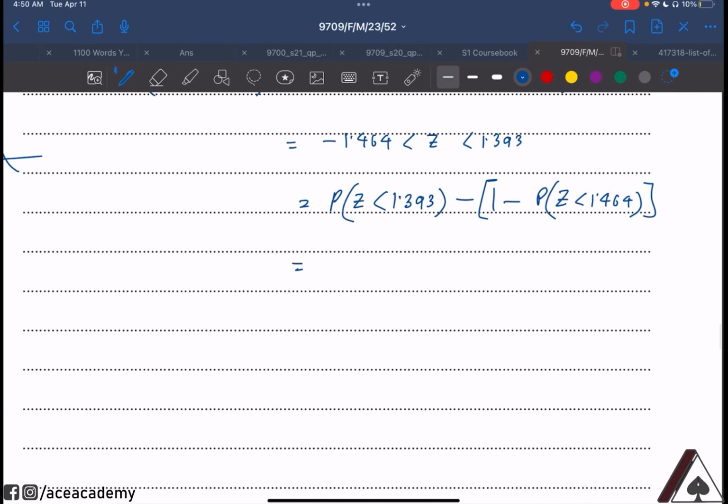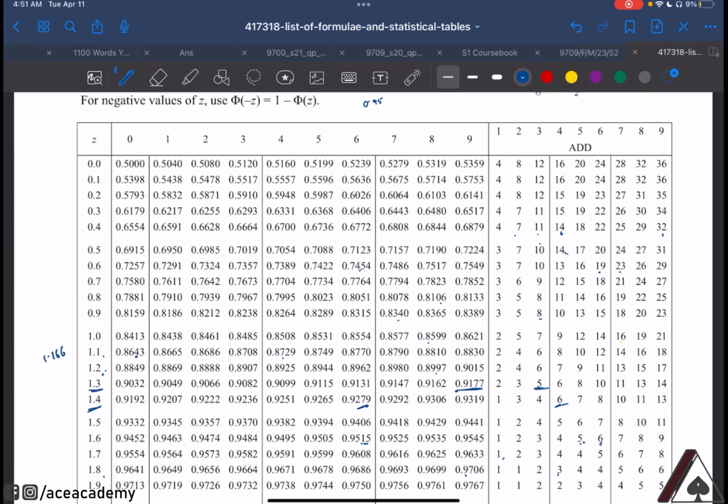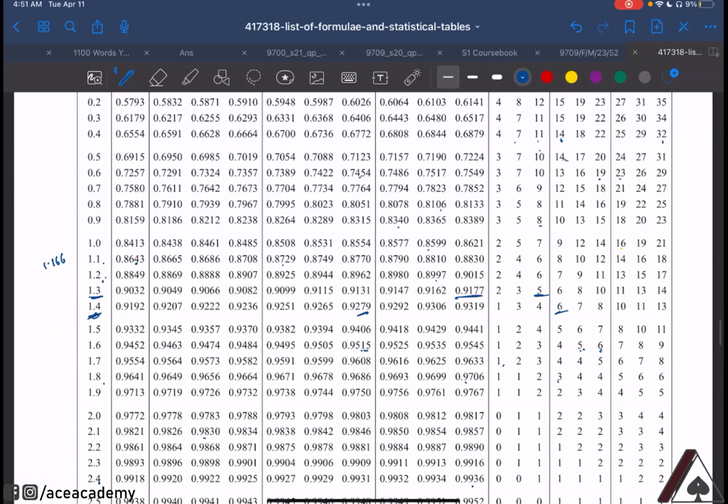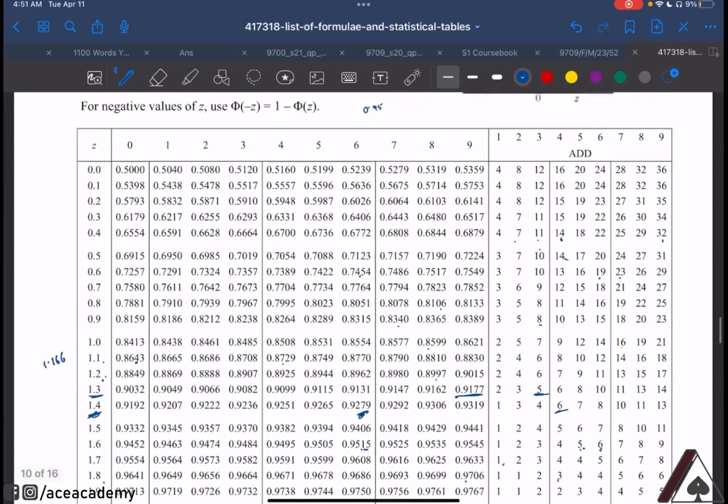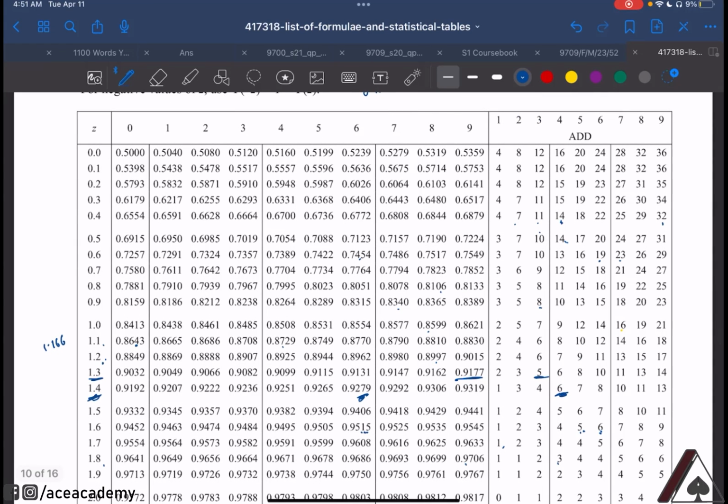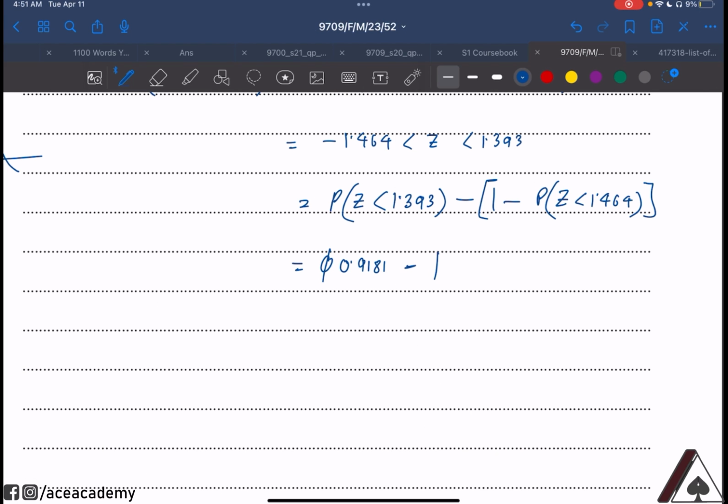So probability of z is less than 1.393 is phi equals 0.9181, and 1.464, 1.46 and then 4, which is 0.9279 plus 6 by 10,000, minus 1 minus 0.9279 plus 6 by 10,000.